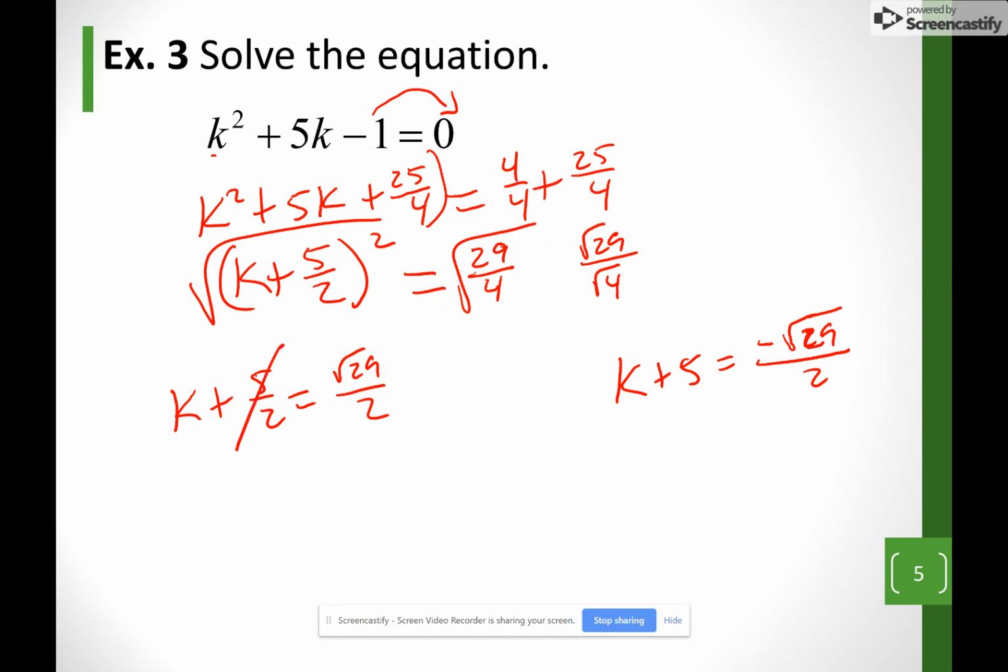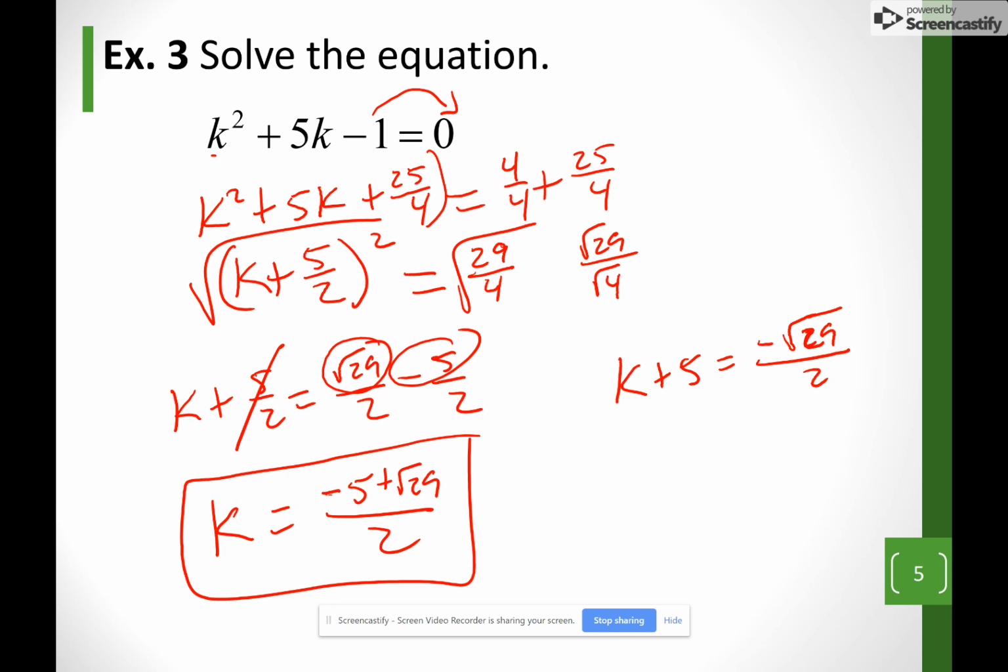Now, when I move the 5 over, I see it's a common denominator too, so I'm just going to combine my numbers on the top. However, I want the radical last, so I'm just going to call this negative 5 plus radical 29 all over 2.